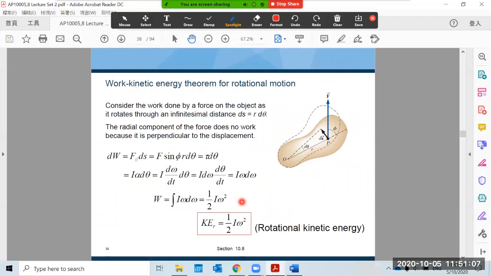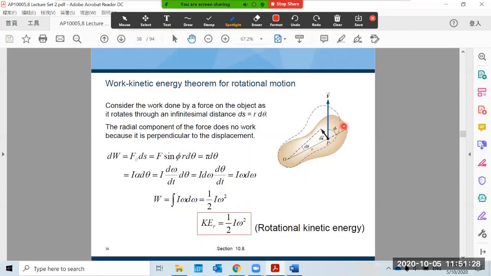We also cover the idea of the work done in rotational motion. In the case of linear motion, work done would be equal to F times ds, force moving along the displacement direction, so it is a dot product.